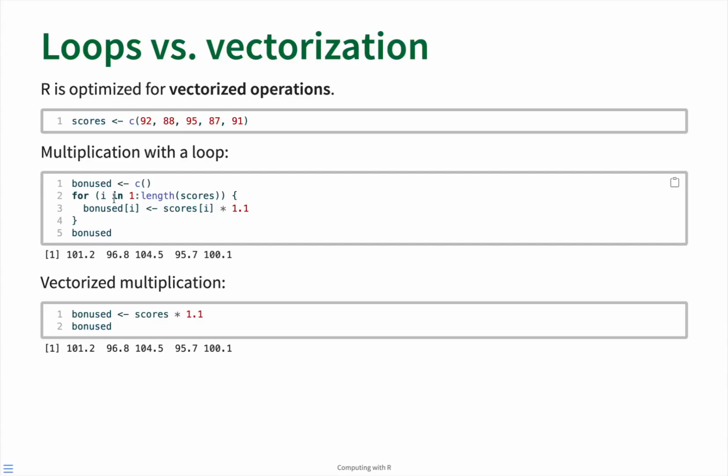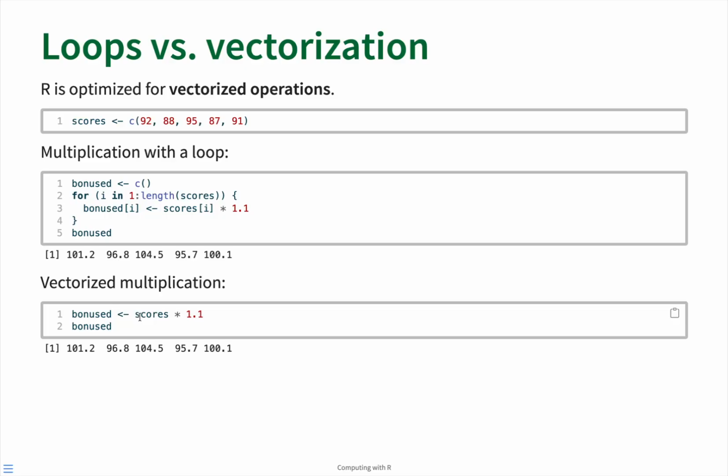So here we see a variant of the code we had on the previous slide, where we're multiplying the scores vector by 1.1, right? And then here we're modifying it to assign the new values to this new vector called bonus. We're assigning them by using the indexing structure to add them at a particular position in the bonus vector, and we get the same numbers that we got on the previous slide.